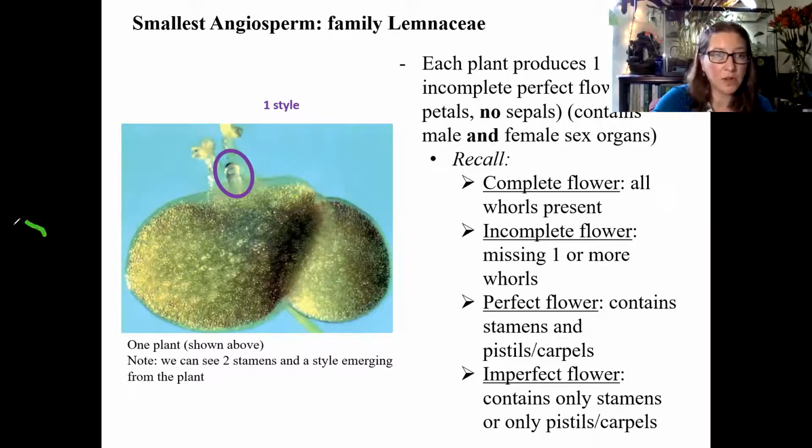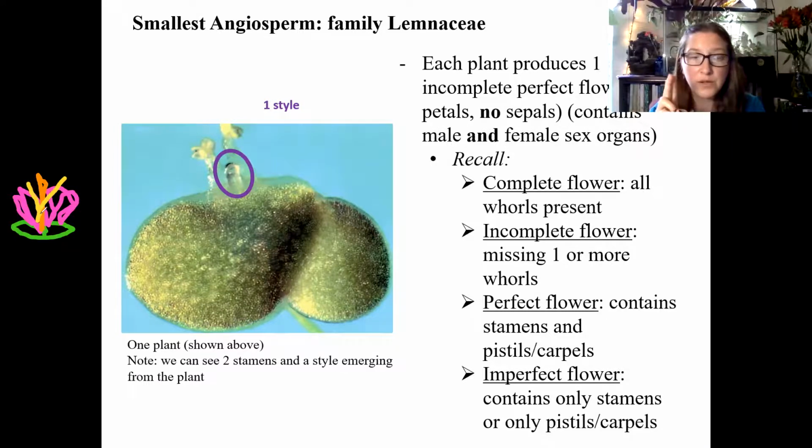Here's a flower I'm drawing. It has sepals. It has petals. Those are the petals there. And it has a pistil. Oops, I skipped a whorl there. And it has stamens. So this flower has sepals, petals, stamens, and pistil.